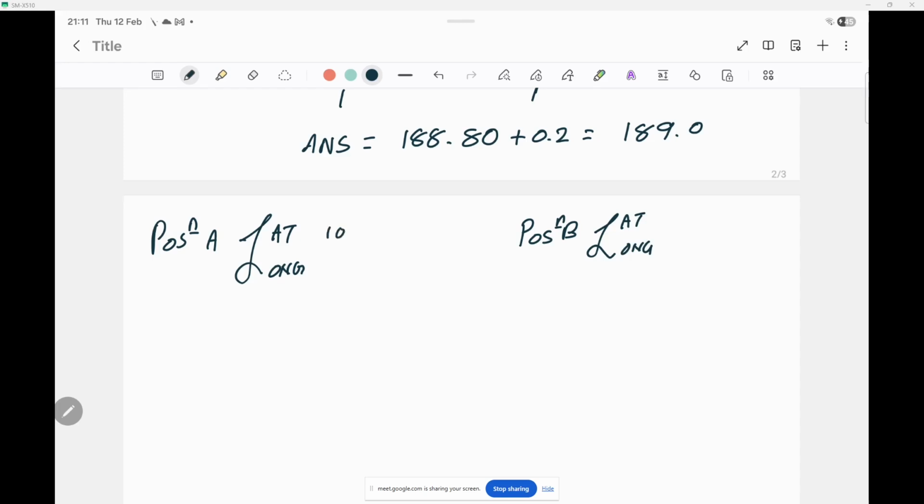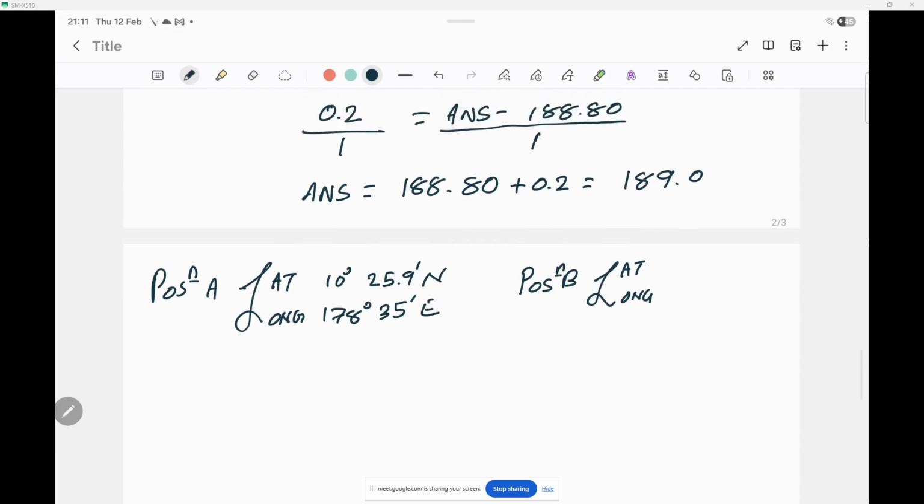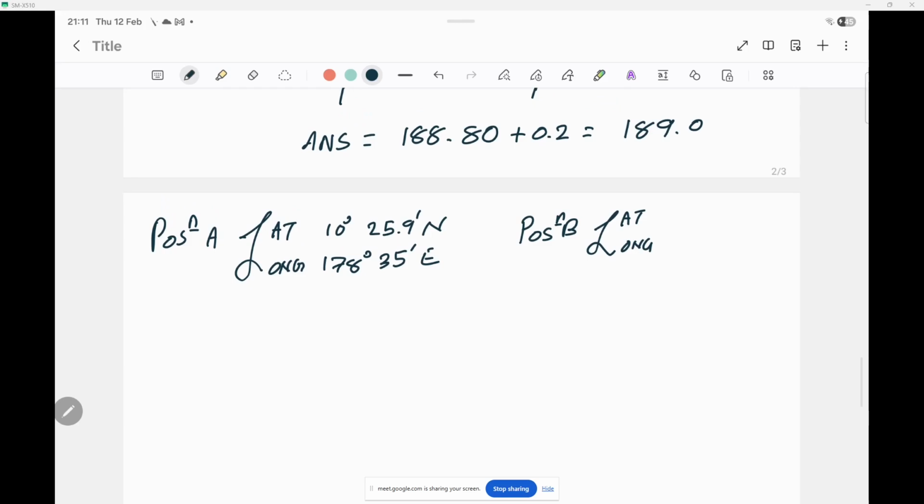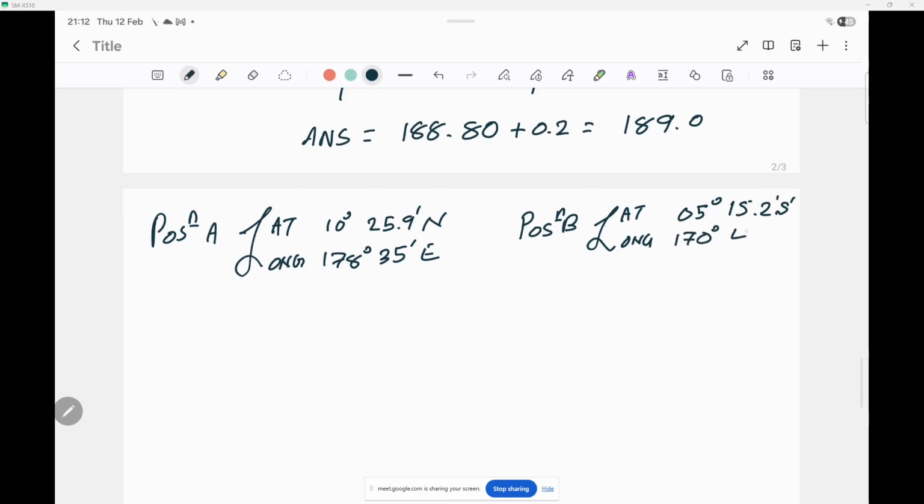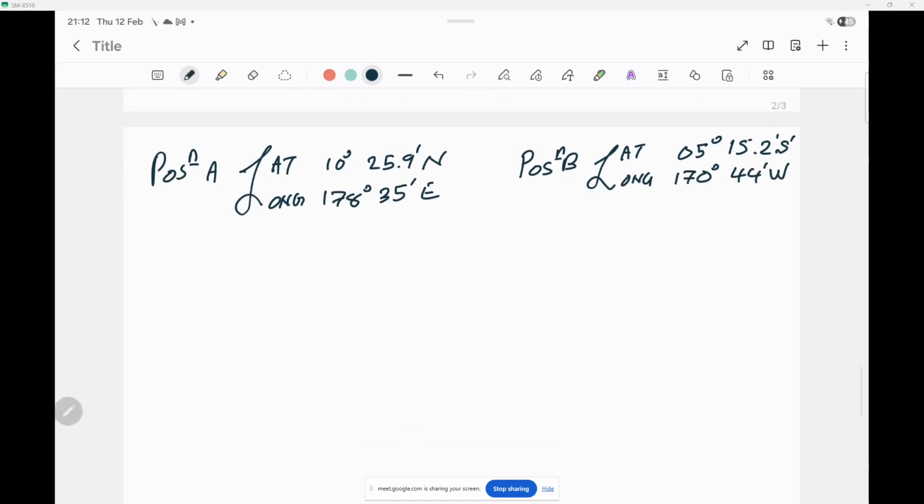Let's say position A is 10 degrees 25.9 minutes north, 178 degrees 35 minutes east. Position B is 5 degrees 15.2 minutes south, 170 degrees 44 minutes west. You can do the sum and tell me the answer.